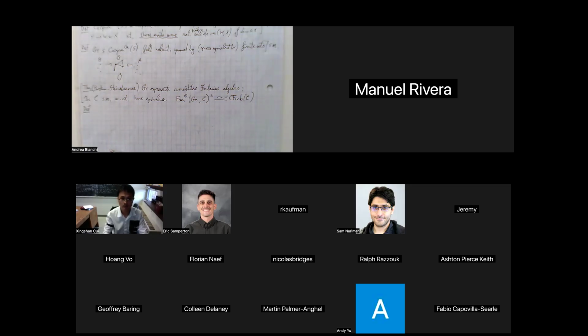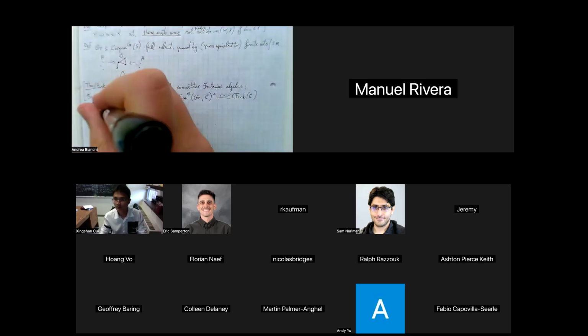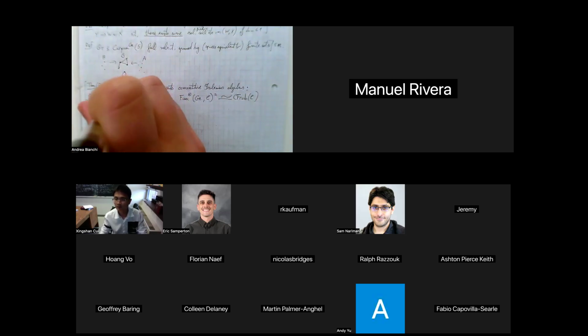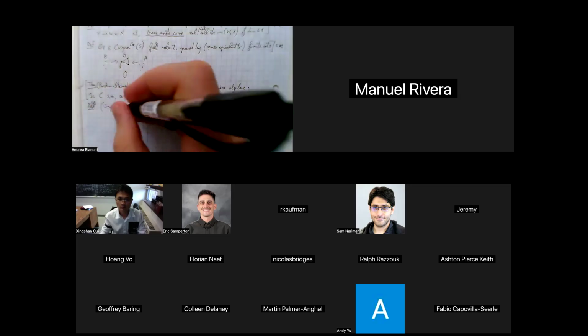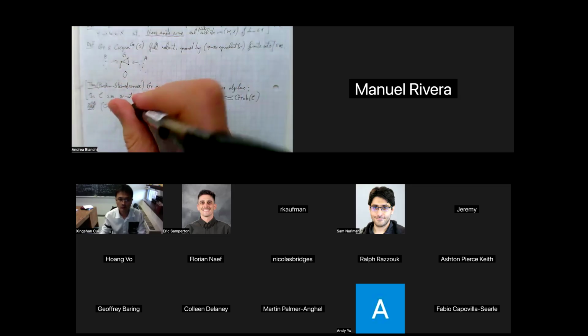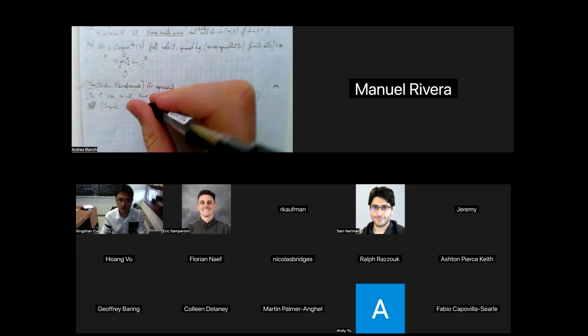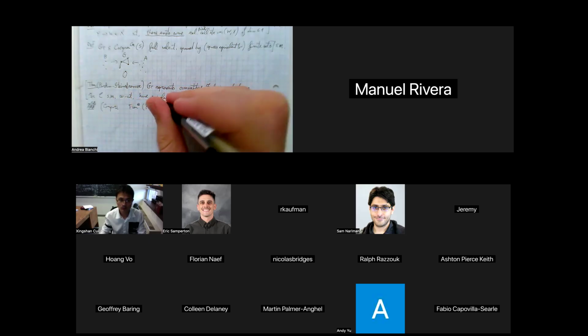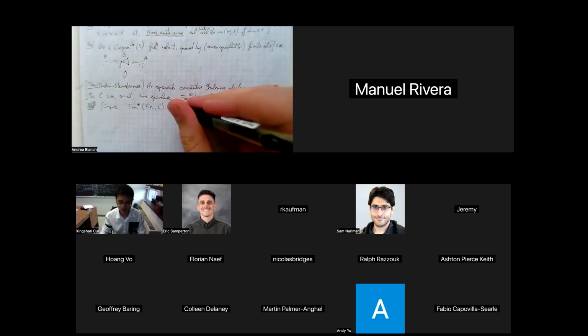It is the same datum as a symmetric monoidal functor out of finite sets, right? So maybe I will write this. Compare it to this thing, which is probably better known: symmetric monoidal functors from finite sets with disjoint union into C are the same as commutative algebras in C.